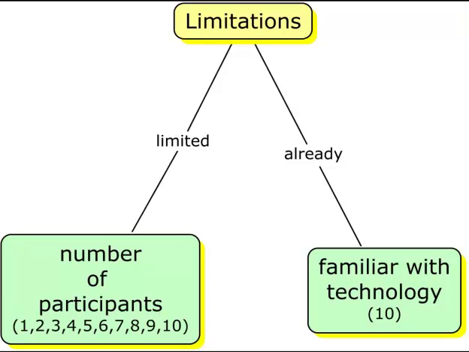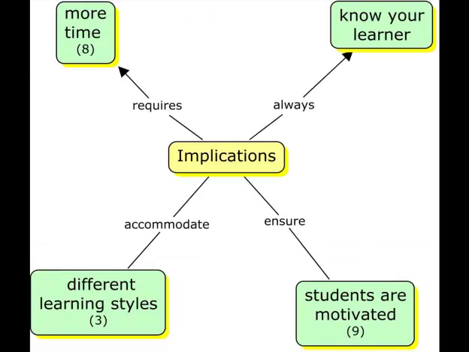The authors also pointed out the fact that the students that were involved in the studies were familiar with technology when they began the study. Maybe the results might have been different if the students who took part in the study were not familiar with technology beforehand.